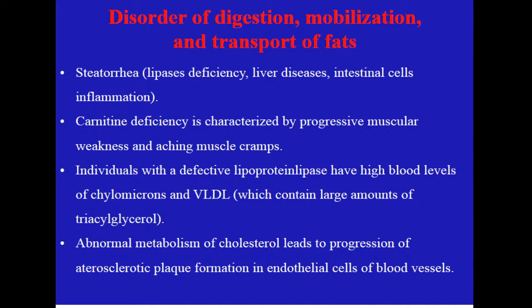For this, our lipoprotein lipase must be active, sometimes it is inactive. Apoproteins must be synthesized in normal quantity, and of course there must be no problems with diet. And finally, abnormal metabolism of cholesterol, which is combined with atherosclerosis development. About this, two slides later, a little bit more in detail.